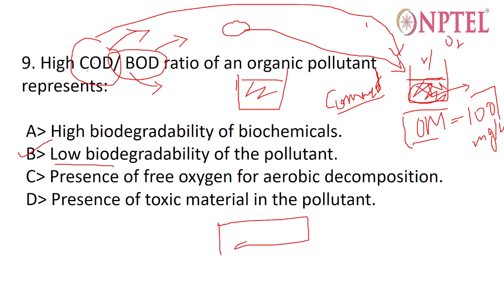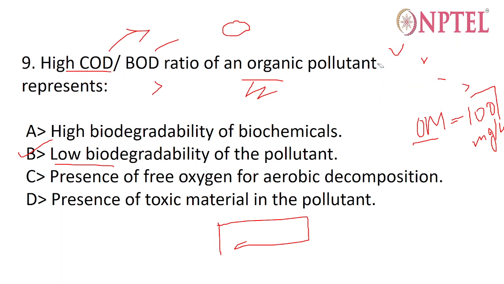Just simple subtraction gives me how much oxygen is getting consumed, and from that, I can say what is the COD. This is the basic general concept behind this. So now I will tell you different things. This was the basic concept: what is BOD and what is COD.